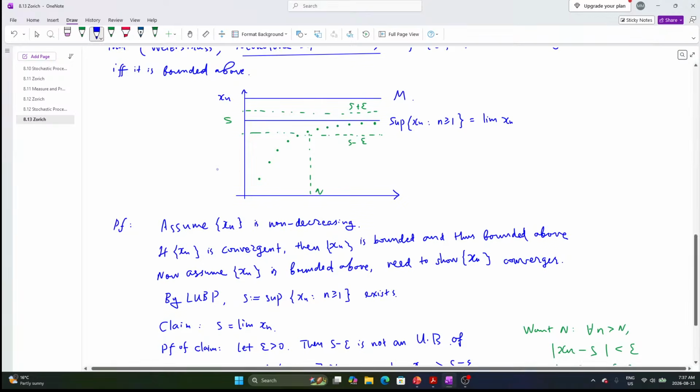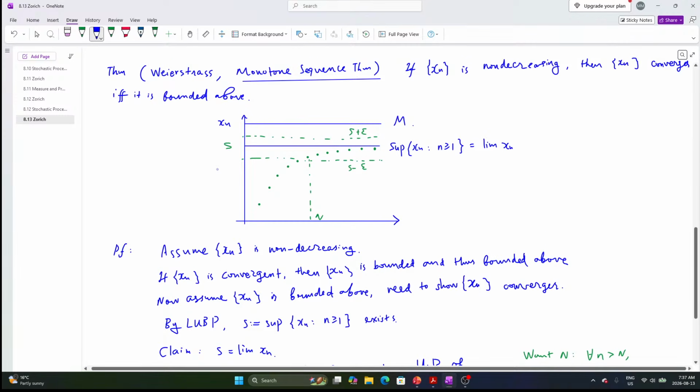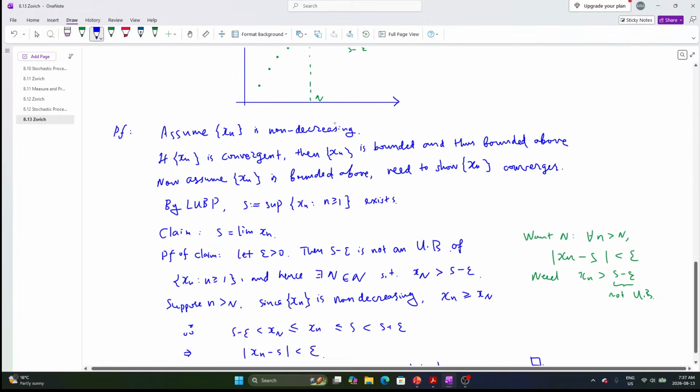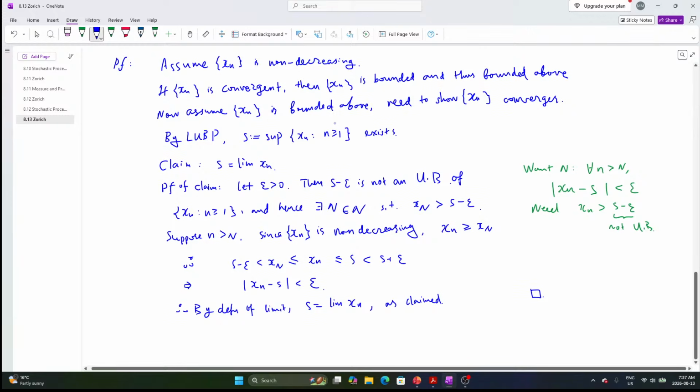So this is typically how it's done in real analysis. If the monotone sequence theorem is treated as a theorem, not an axiom, you usually prove it from the least upper bound principle.